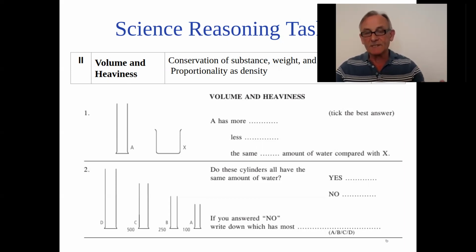Then we go on to a slightly more advanced question, same procedure. Each of these is filled, and you show them being filled using the graduated cylinder, and then they answer the questions. This is trying to find out if the students are at the stage where they conserve substance, where they have a conservation of volume idea.